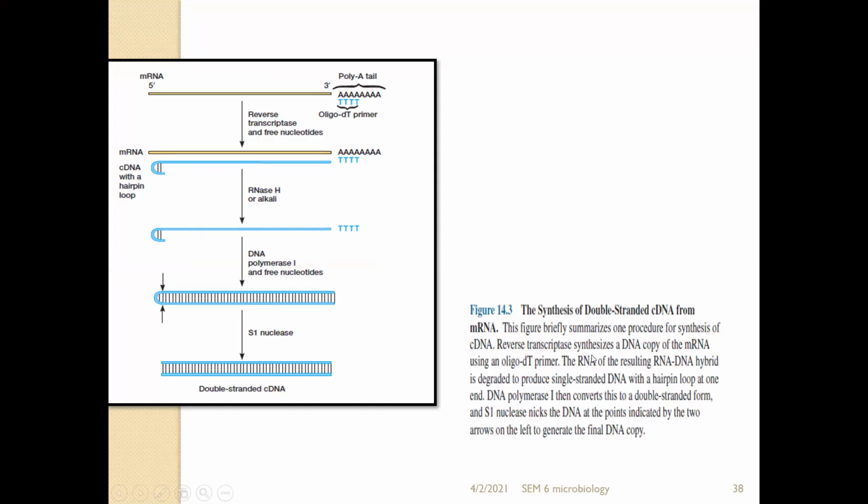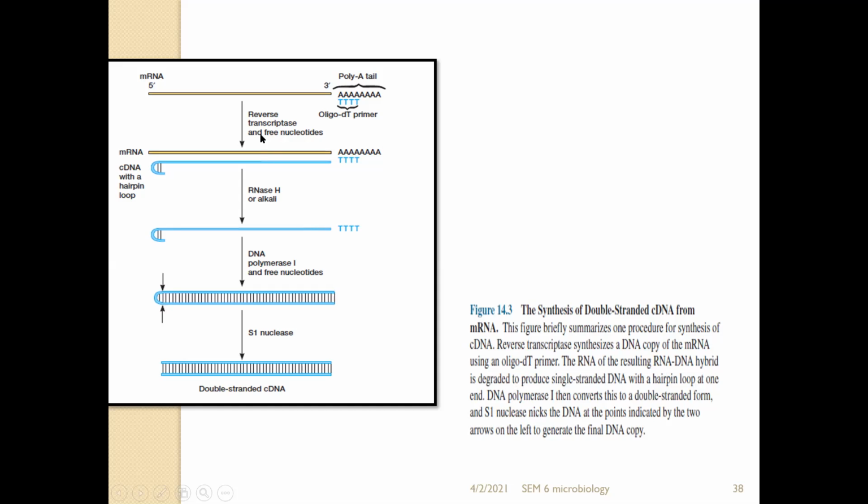Reverse transcriptase synthesizes a DNA copy of the mRNA using the oligo-dT primer. The RNA of the RNA-DNA hybrid is then degraded, producing a single-stranded DNA structure.